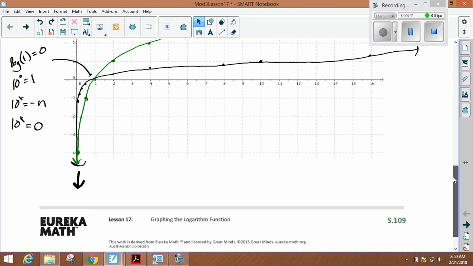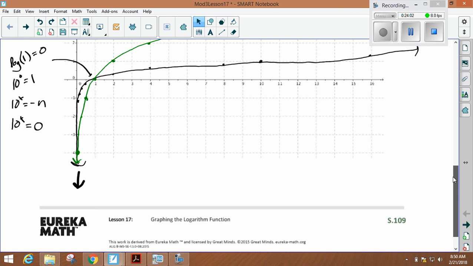X will get infinitesimally close. In other words, as close as 1 over infinity to 0. But the closer our x value gets to 1 over infinity, the larger the negative value we get for our y value, right?